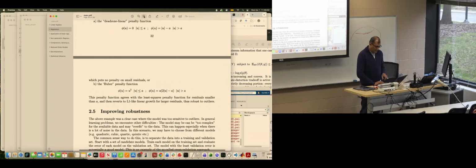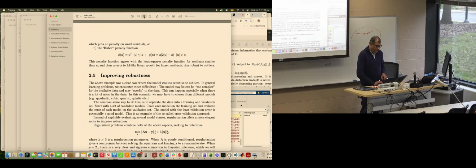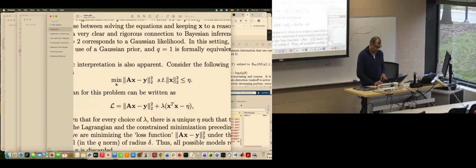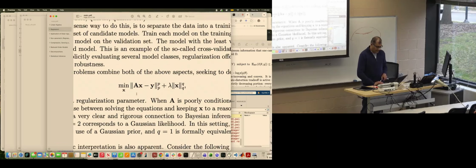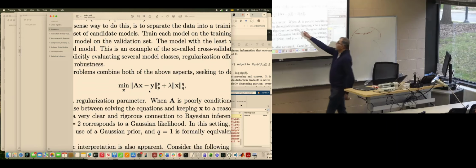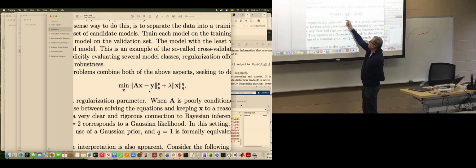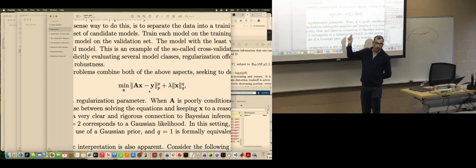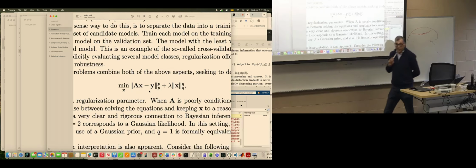This is more general then, right? You can have something like this, where you have Ax minus y in some norm, and then you can add some regularization. That is one other way of being more robust.